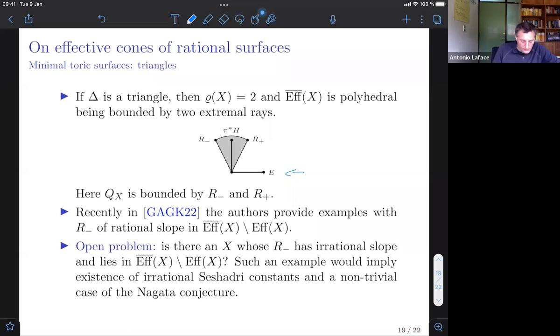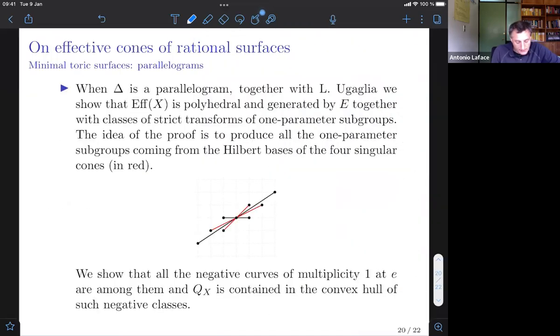Okay, so what about parallelograms? If delta is a parallelogram, then in a joint work in progress with Luca Ugaglia, we show that the pseudo-effective cone is actually always polyhedral, and it is generated by the exceptional and classes of strict transforms of one-parameter subgroups.